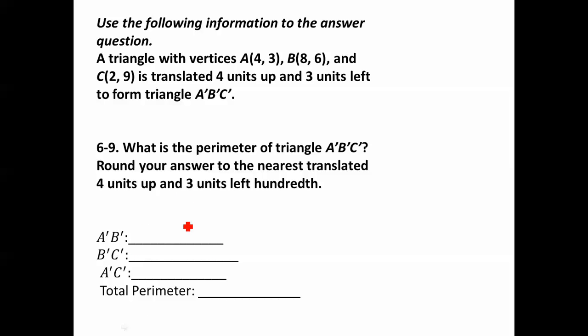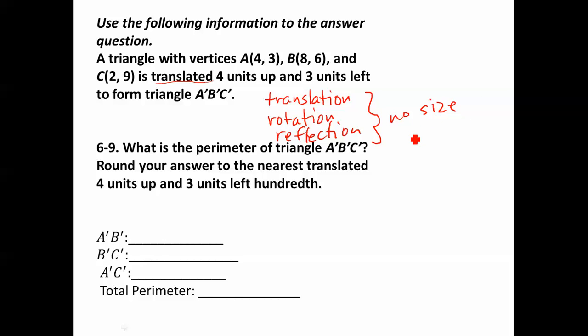Alright. Dealing with a triangle with vertices, we're going to translate it, which isn't going to matter because translation, rotation, and reflection do not change size. So there's no size change. Size stays the same.